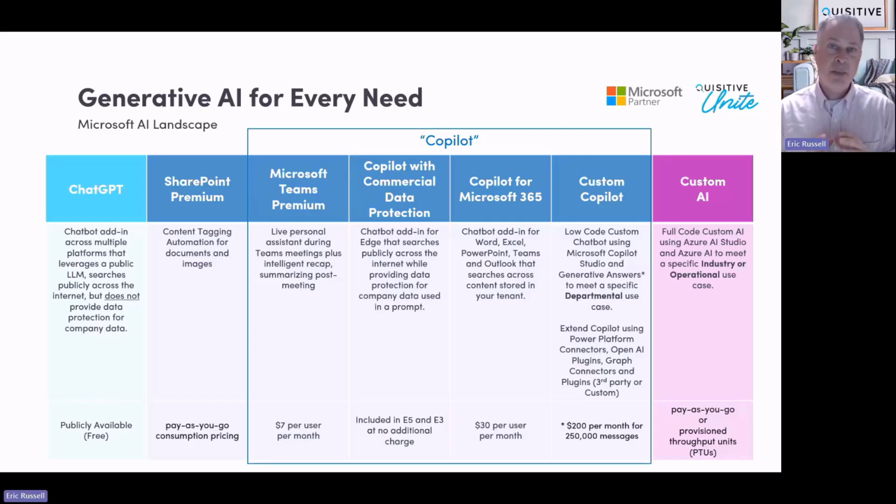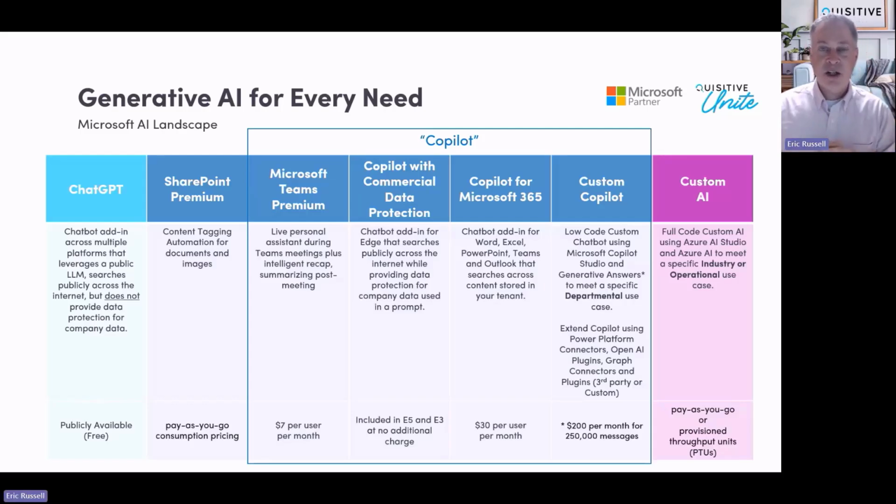It's that chatbot-like experience where people can interface with the chatbot in human language and get a human relatable response back. Now, SharePoint Premium is definitely an AI solution, very specific to automatic classification. OCR reading is a very powerful tool, but its interface is not as familiar as that chatbot interface. That's why we put a box around Copilot and put some quotes around it. So that's what we're going to be focusing on today.